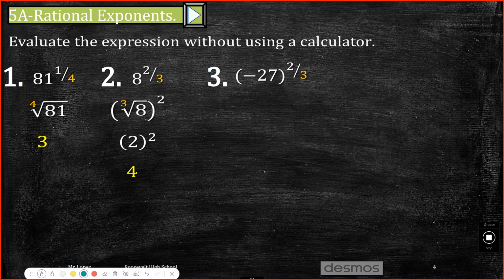Raise your hand. What you got? 9. The cube root of negative 27. That would be what? Negative 3? Yep. Negative 3 squared is 9.